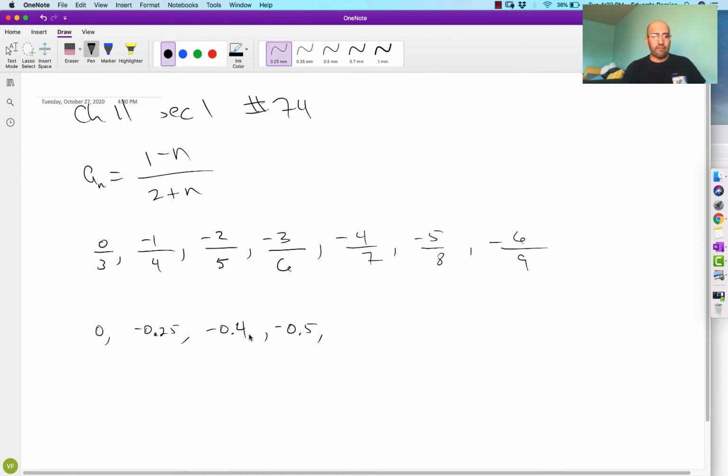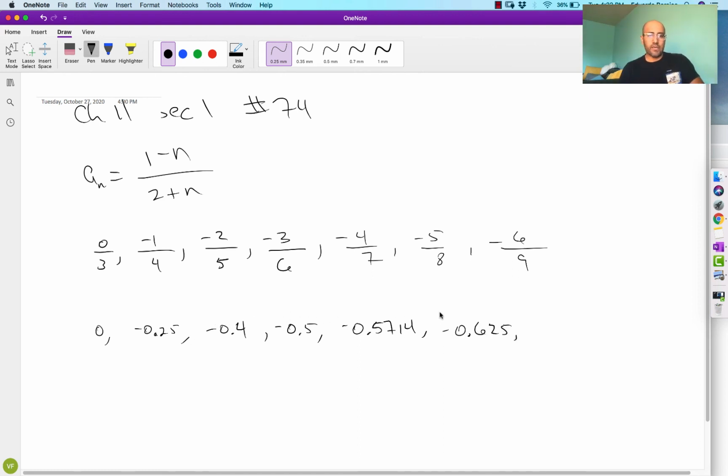Then negative 0.5, then negative 0.3, and then 4 divided by 7, I get negative 0.5714, and then 5 divided by 8, I get negative 0.625.